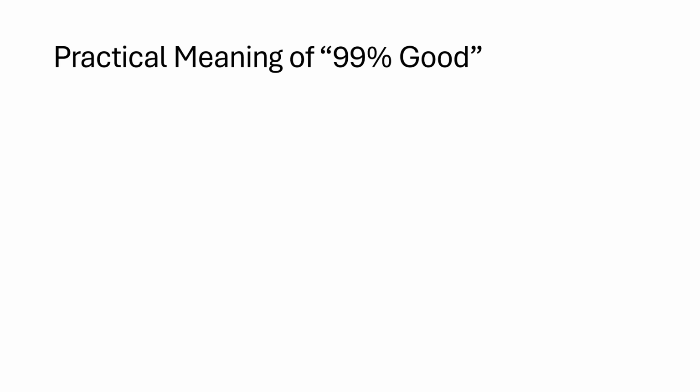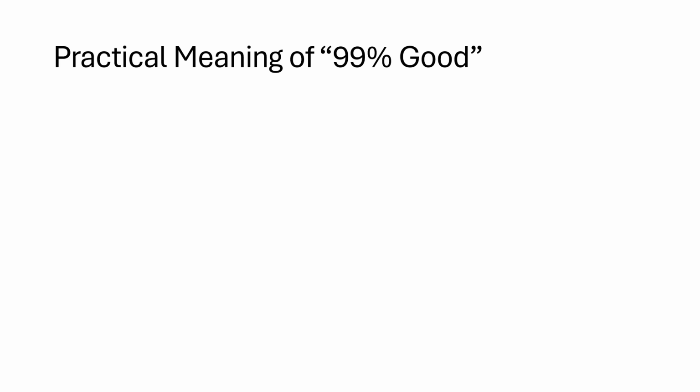So let's see what it means when we say we are 99% good. Here are some practical examples, situations met in real life. Six Sigma arose in response to this realization that we cannot and should not be willing to settle for 99% good. So here it goes.